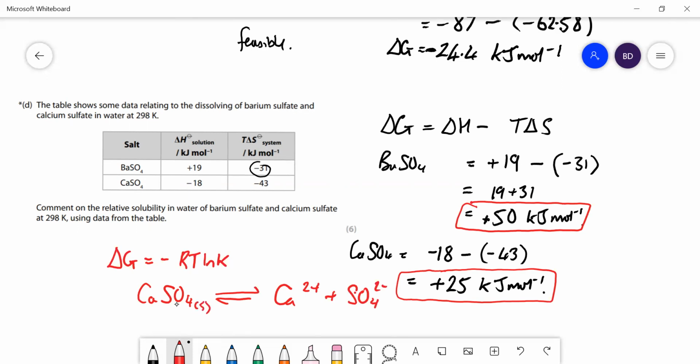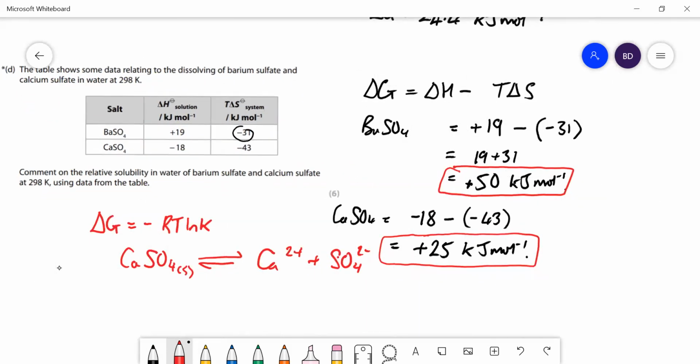Well, if delta G is negative, then K will be a large positive value, and that means you're going to have a lot of calcium ions and sulfate ions in solution.